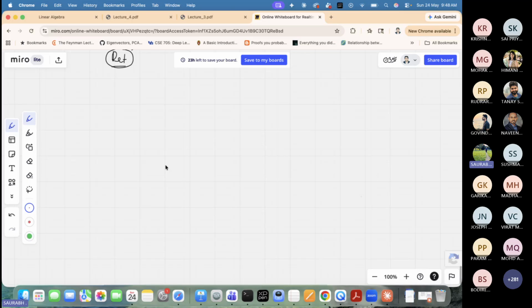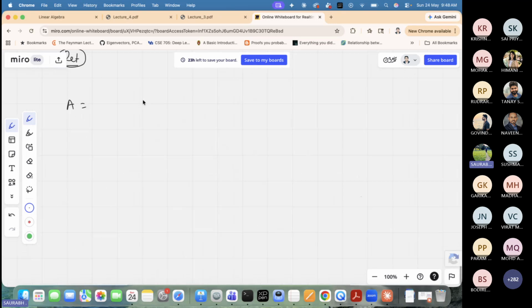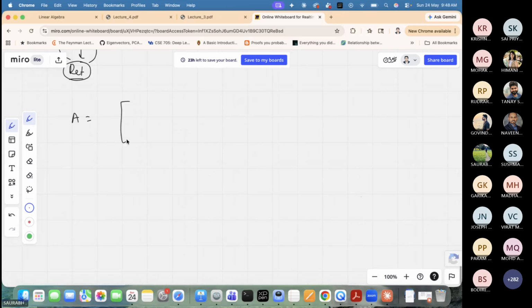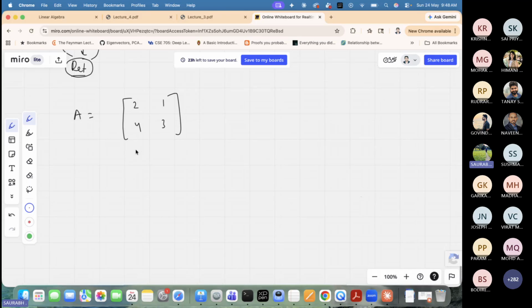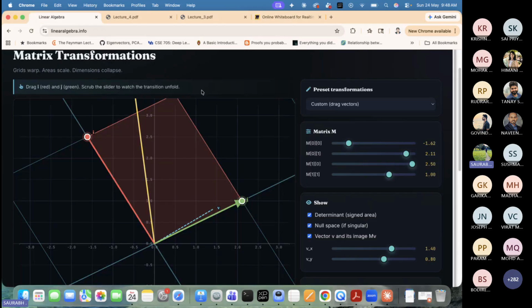Just to give you a perspective of what exactly this is, think of the same matrix that we took, which was 2 1, 4 3. Let's think of the identity matrix. Let's say I into A. What would be the multiplication of I into A? It should be A, right? Because the identity matrix does nothing, and you can also visualize it here.